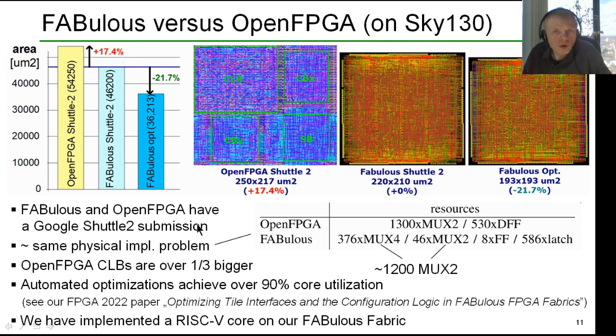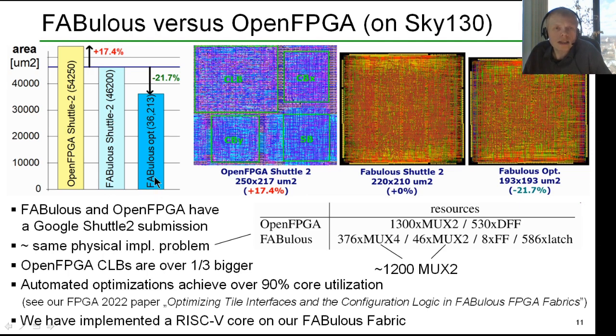The fabrics were basically the same. Both had 4-bit lookup tables, clustered in CLBs with 8 lookup tables each. The physical implementation problem is roundabout the same. This blue bar here in the middle is the one that we taped out, and for that one we were already 17.4% smaller than OpenFPGA.